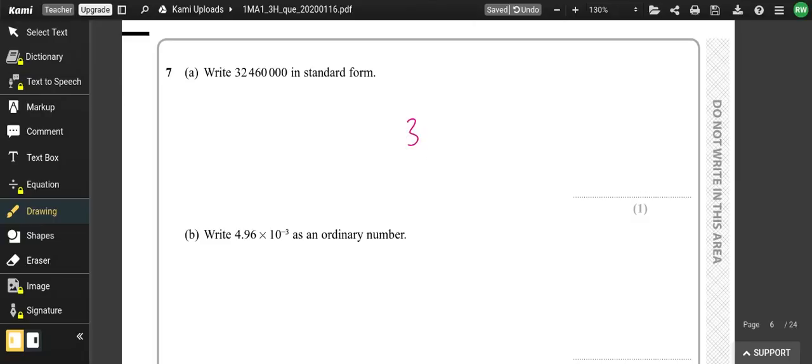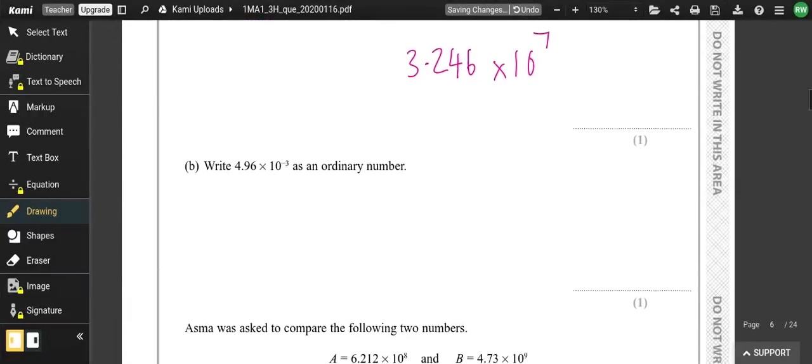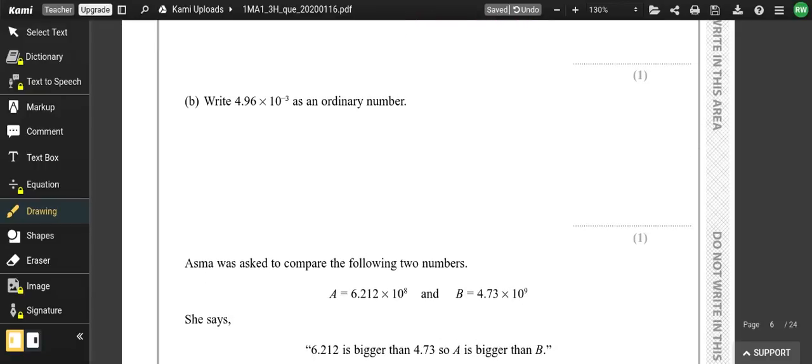That number in standard form, we need it in a decimal between 1 and 10. And that would be there. So 1, 2, 3, 4, 5, 6, 7. 3.246 times 10 to the 7. And then the opposite way for the minus. So the 496, 1, 2, 3.